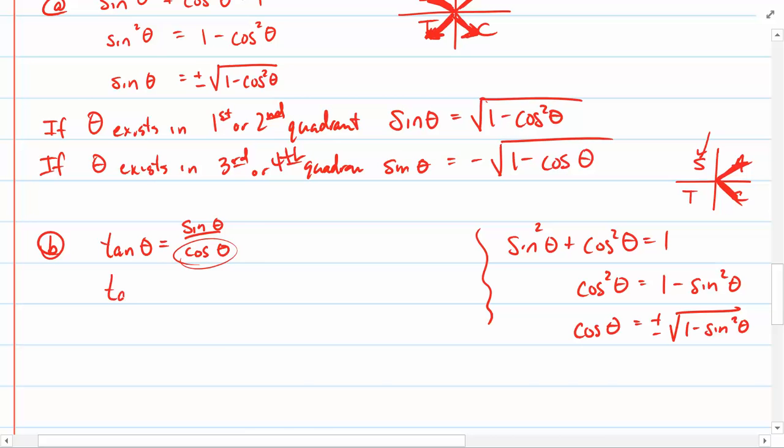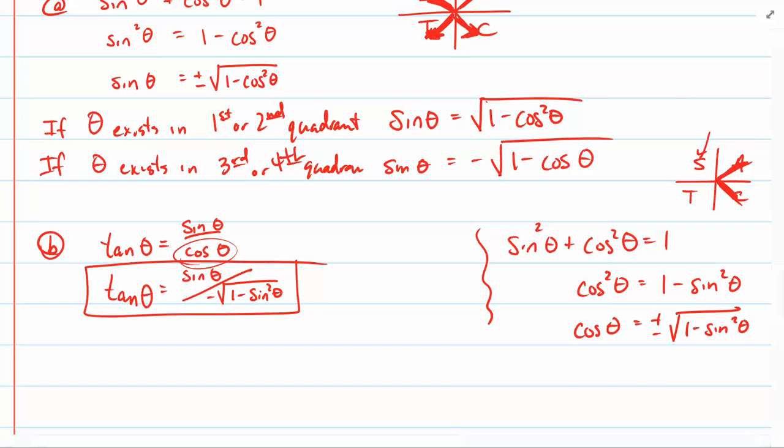So I'm going to write tangent of theta not only equal to sine of theta, but also sine of theta over the opposite of the square root of 1 minus sine squared of theta. And I can stop here with that definition.